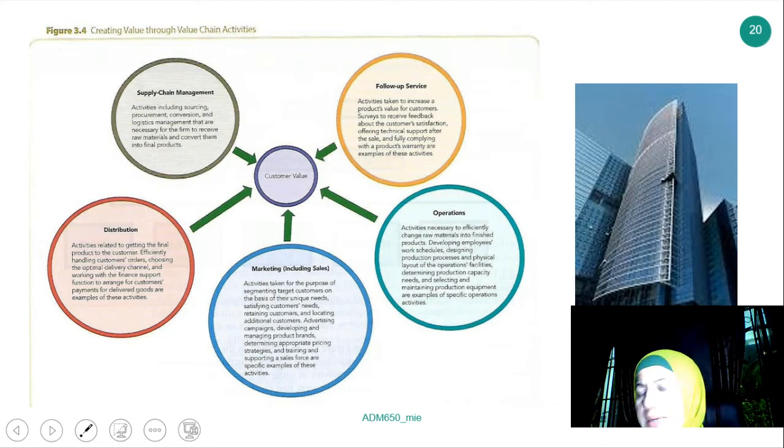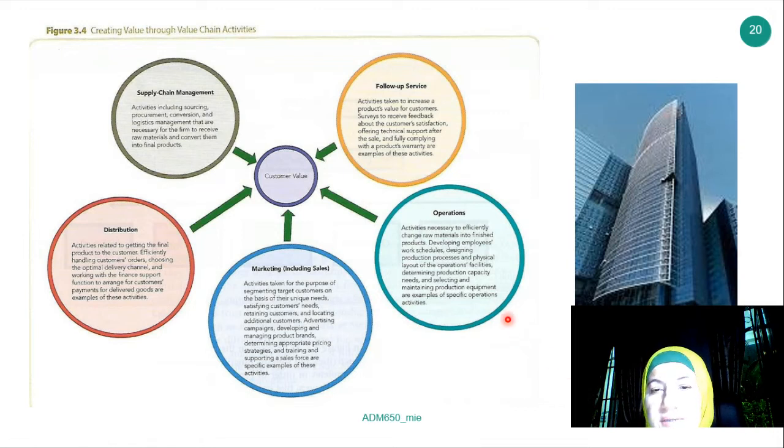What actually makes the customer satisfied in terms of feedback, support, technical support, and whether the firm or organization complies with the product warranty. And then operations. Operations here is in terms of efficiency in changing raw materials into finished product.